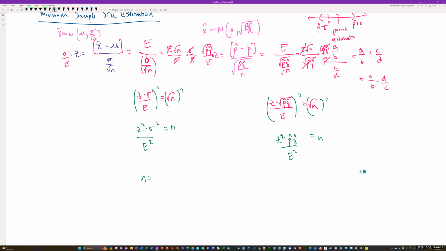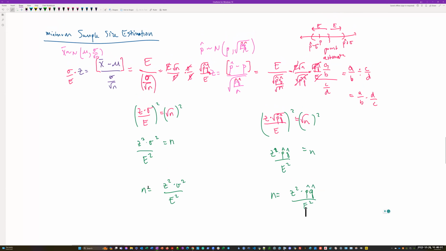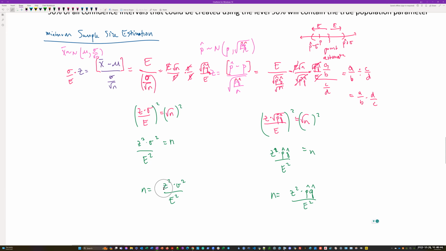So then there are these two formulas. This is really the most algebra you will have to do in the entire class. Does that make sense? And then this is the sample size that would be necessary for a particular margin of error and a particular level of confidence.